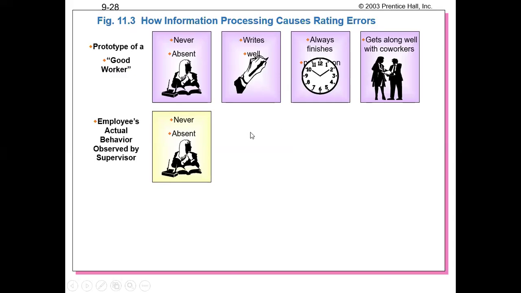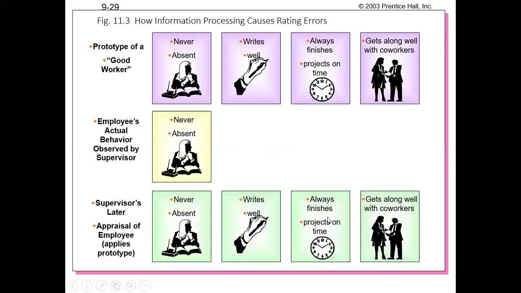So the employee's actual behavior observed by the supervisor is never absent. The supervisor's later appraisal of the employee applies a prototype. So this is what you see, the first part, never absent, and you have decided that all the others also apply. But that shouldn't be the case.